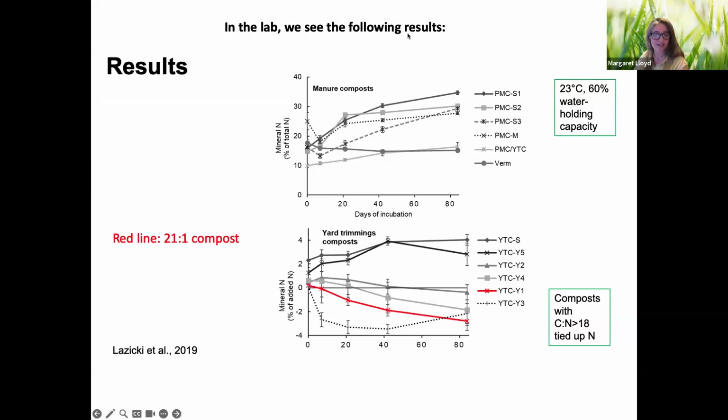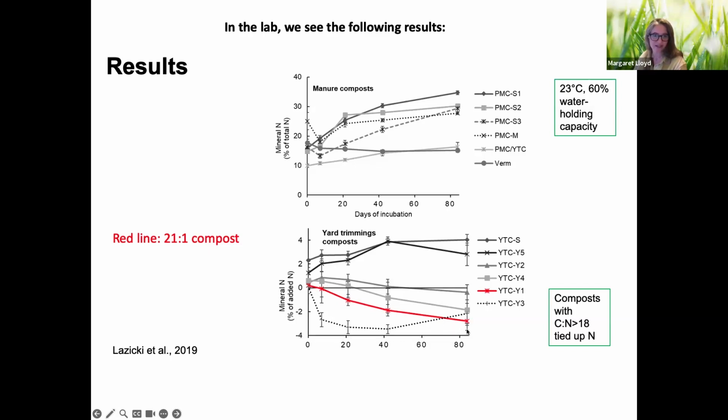And so in those lab incubations I just described, you can see a more detailed depiction of them here. These are all poultry manure compost, PMC, and one vermicompost. But you see them all here, and they're all in that 15 to 35% range. And here's our yard trimmings compost.